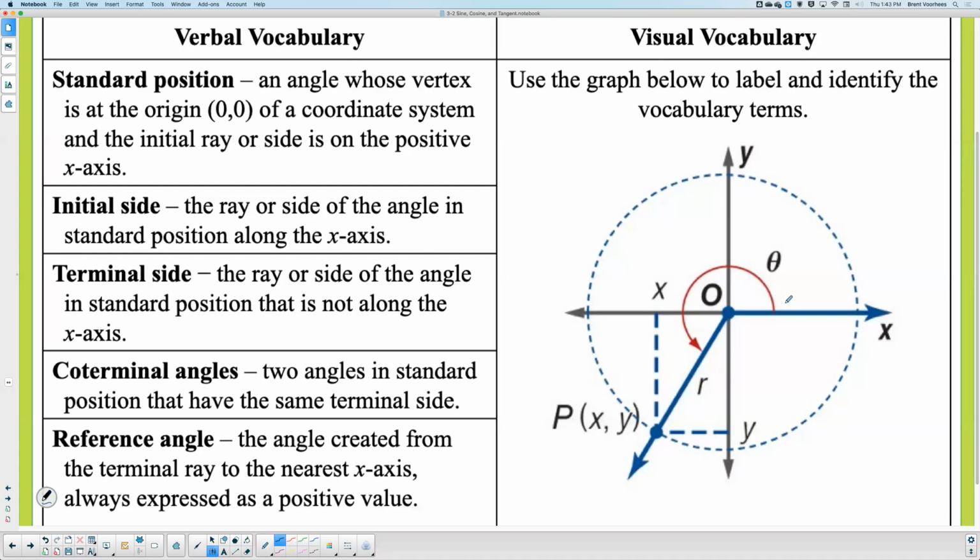That's what it means if you see standard position: our angles will start right there. This is going to be the starting location. An angle whose vertex is at (0, 0), it says, the angle will start there. And the initial ray, this right here, is called the initial ray. The initial ray is the positive x-axis.